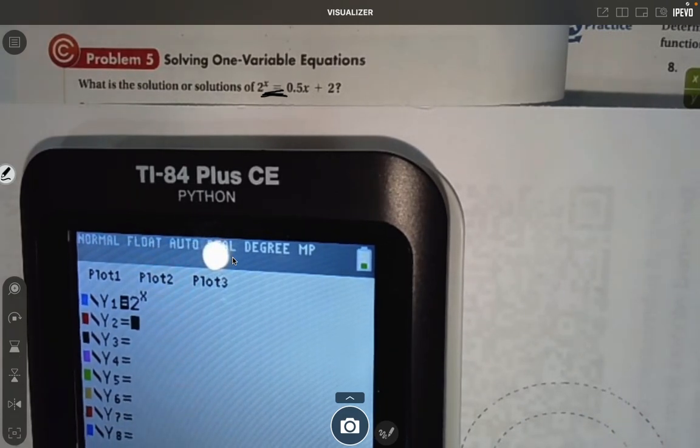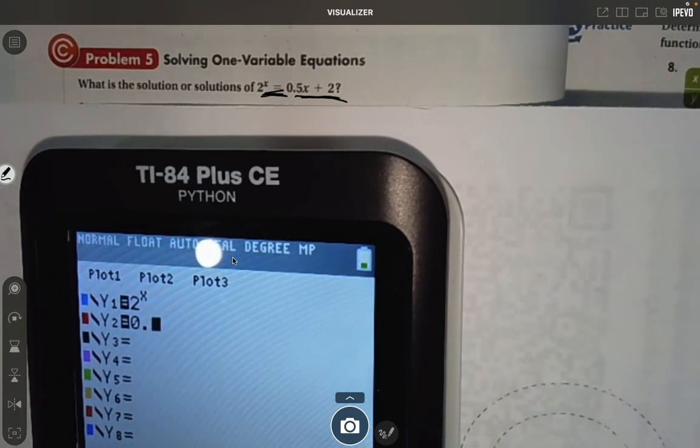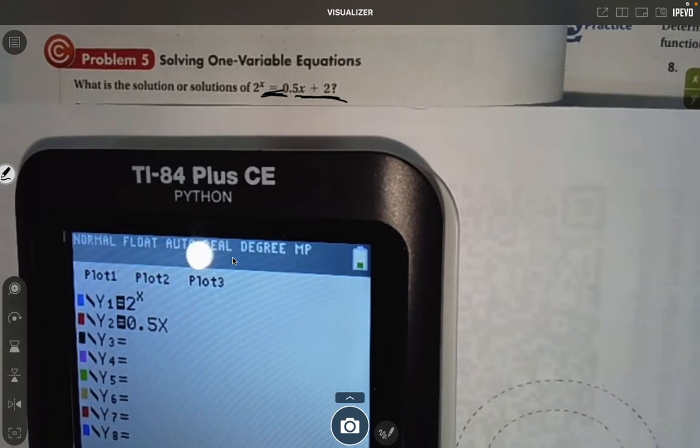And then in the second equation, what would I type in? 0.5x plus 2. Then when I graph it, I'm going to see where they equal, where they cross. So let me type in 0.5x plus 2. And then I'll press graph.